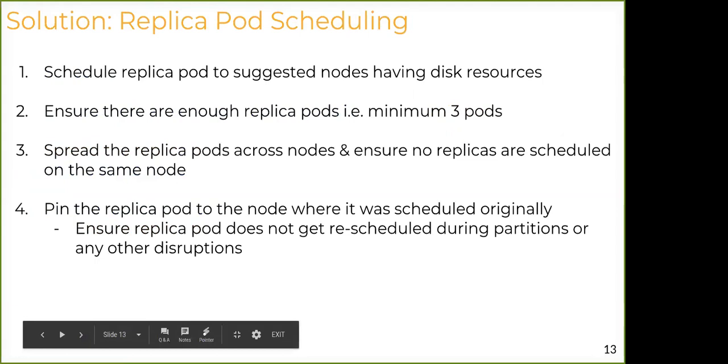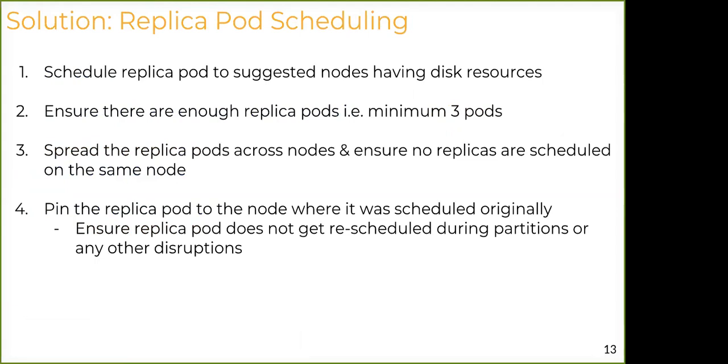Coming to the Replica Pod Scheduling, right? What are the essential requirements for scheduling a volume replica? The first one is it needs to be scheduled on the preferred nodes, obviously the nodes which will be having the preferred disk resources. The second one talks about having a good number of replica pods.